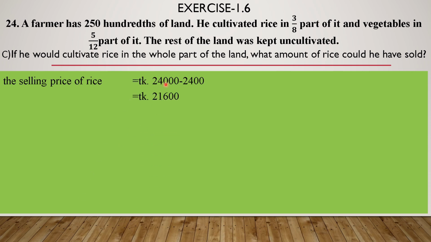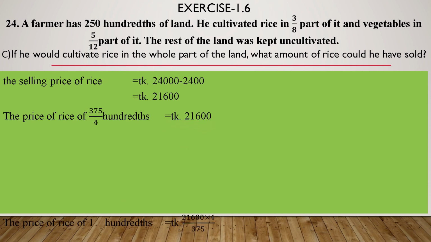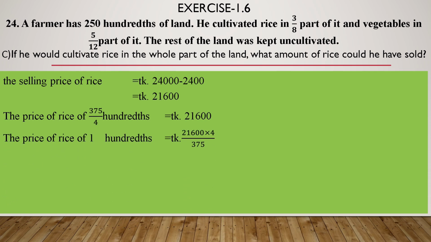And if we subtract 24,000 minus 2,400, we will get 21,600 taka. Now, my dear, the price of rice 375 by 400 equals 21,600 taka, because we got 3 by 8 part of it, and we get 375 by 400 from question number A. Now we can find out the price of 100.